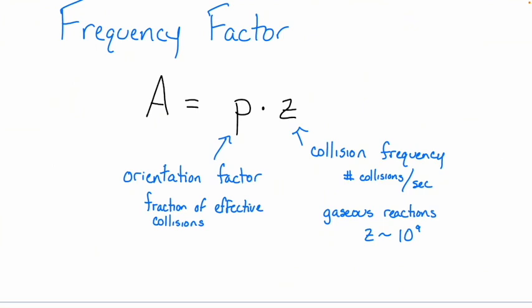All right, it's a fraction, so it's going to take on a value between 0 and 1. So what the heck do I mean the fraction of effective collisions here? Okay, again, reactants are smacking into one another. That's how they form products, right?